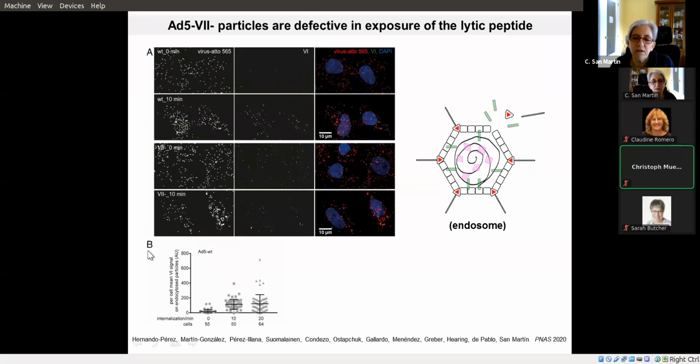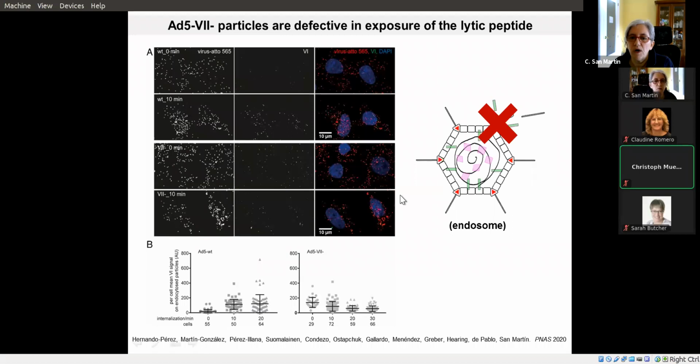And what Marit observed was that in the wild-type infection, when the virus enters the cell, the signal for protein 6 increases, meaning that this protein becomes accessible to the antibodies. However, in the case of the 7- particles, this increase does not happen. So in 7- particles, the lytic protein 6 is not exposed on the outside of the particle.